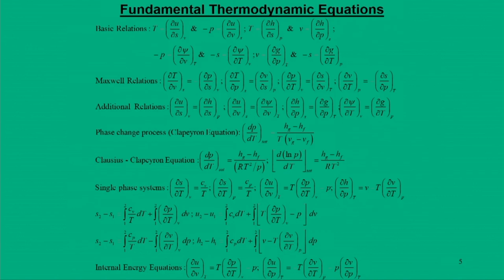Now, let us understand what those relations are. First, the 16 relations come as basic relations, Maxwell's equations and some additional relations. So, these 3 categories are called the 16 thermodynamic relations.